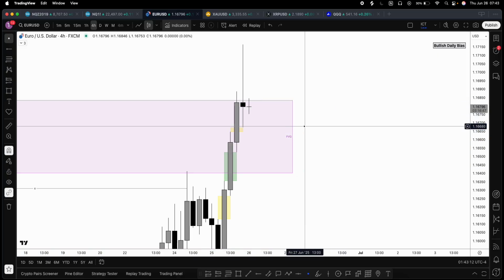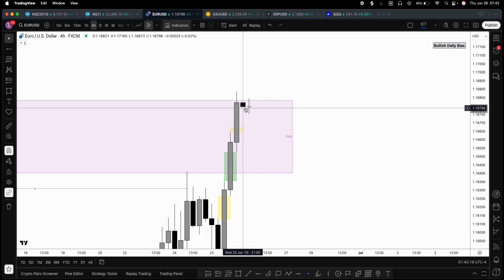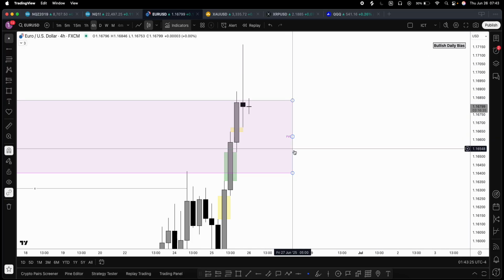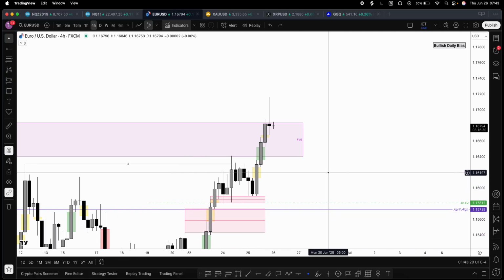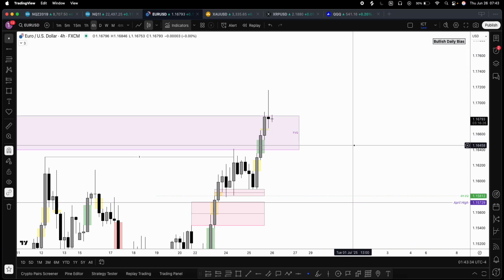And since it's a bearish fair value gap, price wants to bounce down off of it. Since it is respecting it, that's an indication that yes, price does actually want to bounce down off of it. So that's giving me more of a feeling that maybe we do want to short.